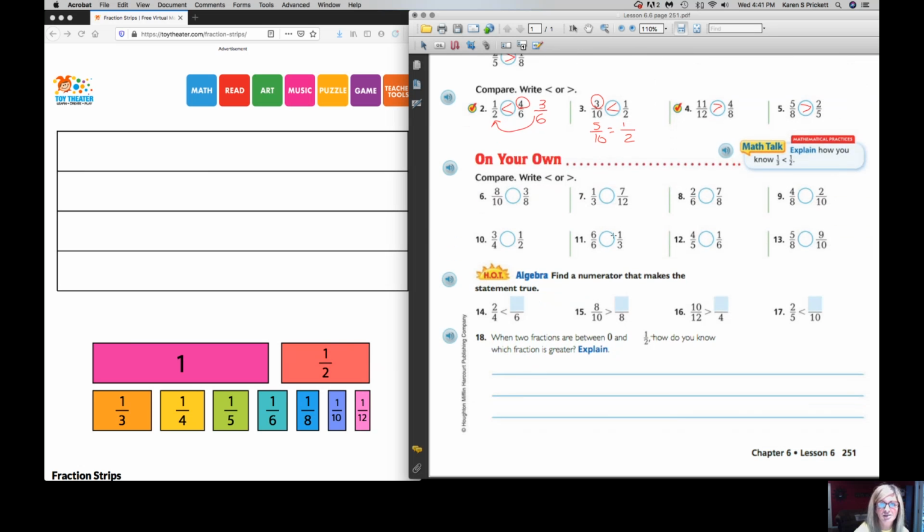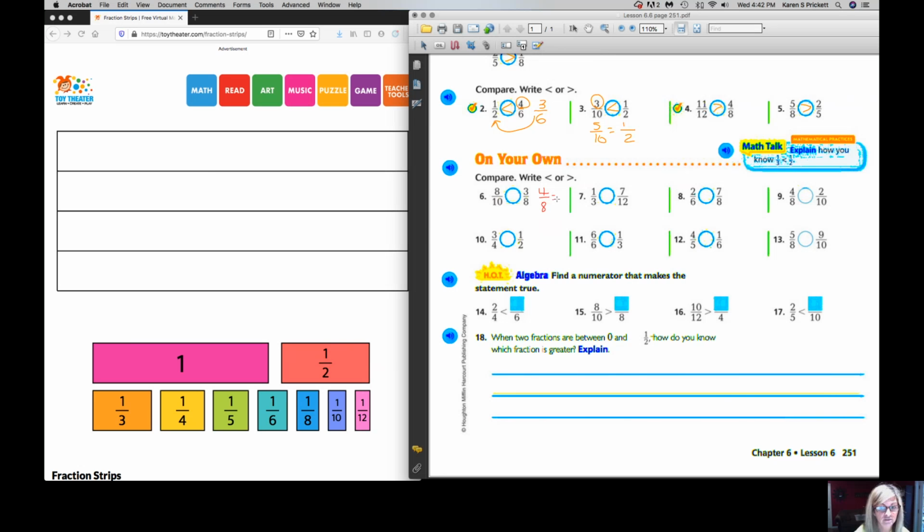All right, let's look at 8/10 and 3/8. Well, 8/10 is really close to being 1. If I had added 2 more tenths to this, I would know that that would get me to a whole, which is 1. And 3/8, I can compare to 4/8, which is 1/2.